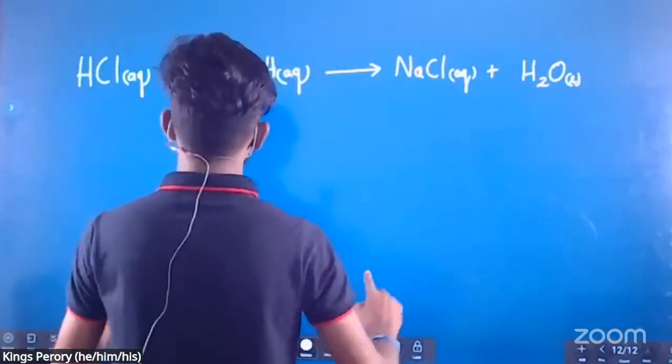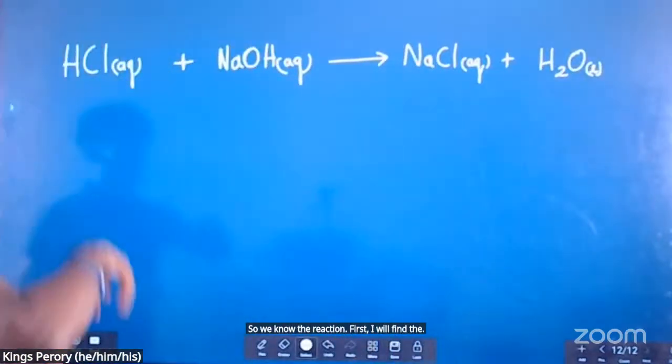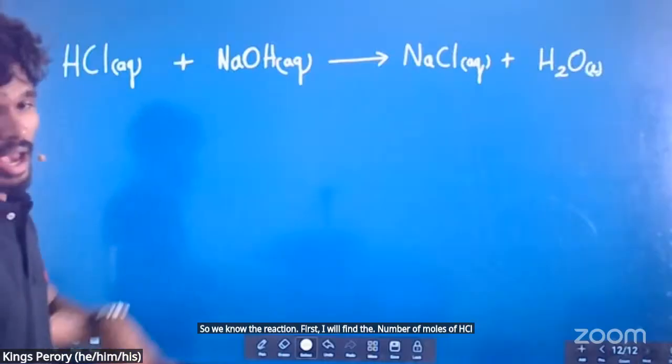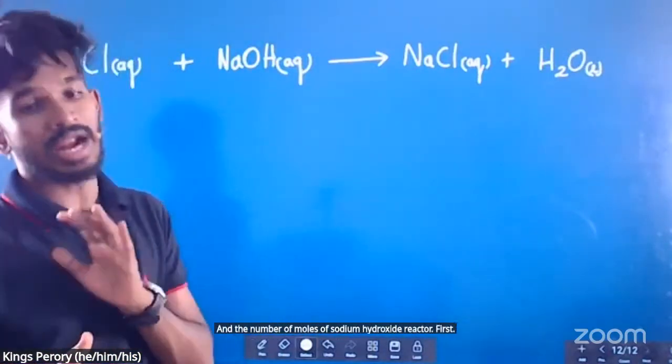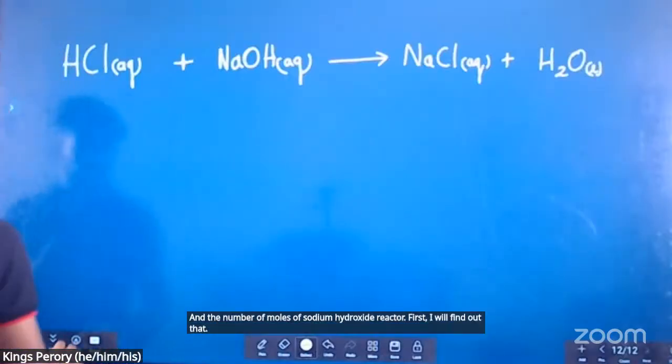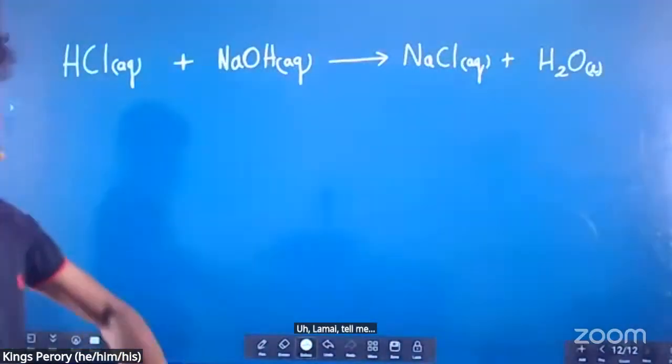So we know the reaction. First, I will find the number of moles of HCl reacted and the number of moles of sodium hydroxide reacted. Is the equation balanced?